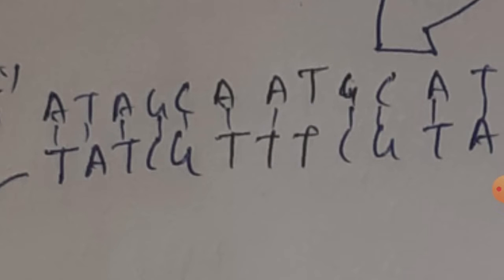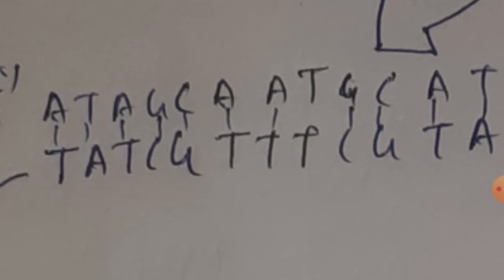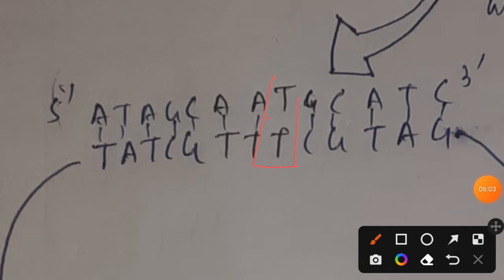The difference is that this primer will contain a base that is not complementary to the template. That means this one is not complementary to its T, right? So although there will be a mismatch, it will not hamper the annealing because all the other bases are properly annealed.